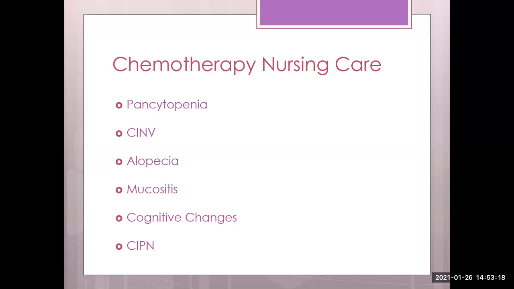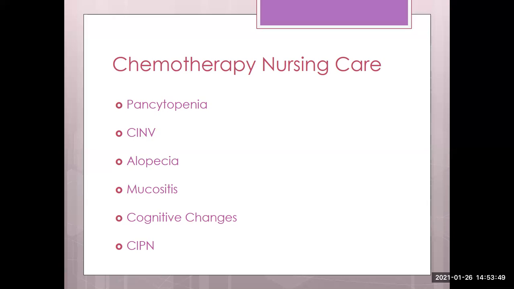They may have other serotonin antagonists, which is the Zofran, ondansetron, or granisetron, is another one within that category that can be given. Reglan or metoclopramide could be given as well to help with the nausea and vomiting.